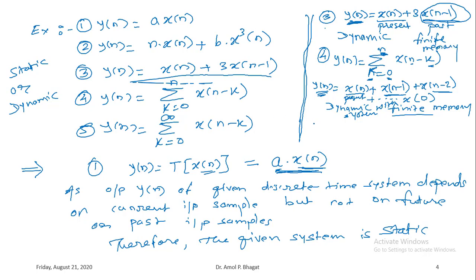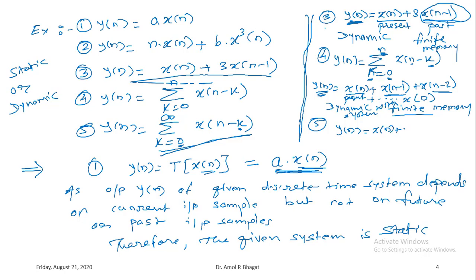Now next example, the fifth one. y of n is equal to the summation of x of n minus k, with k from 0 to infinity. So here the limit was finite before, but here the limits are infinite. If I substitute the values of k, starting with the first value, k is 0, so it will be x of n simply.